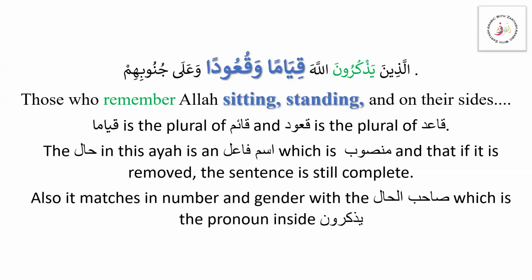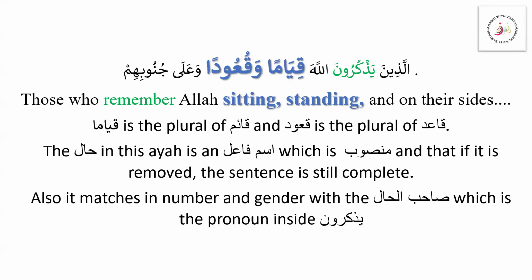So qiyaman is the plural of qa'im and qu'udan is the plural of qa'id. And both in this ayah are ism fa'il, which in this case is mansub, because we know that the hal is always in the state of nasb, and that if it is removed, the sentence is still complete. Alladhina yadhkurunallah, those who remember Allah.